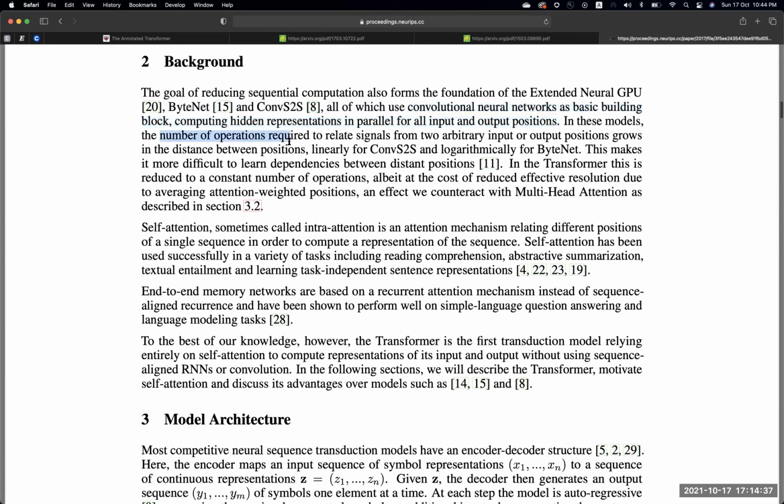But they mentioned that the number of operations required to relate signals grows as the distance between positions increases, linearly for ConvS2S and logarithmically for ByteNet.